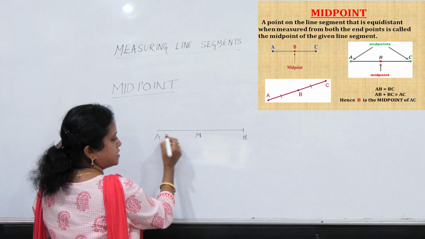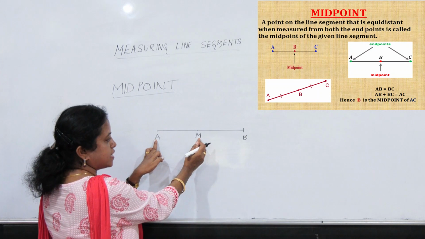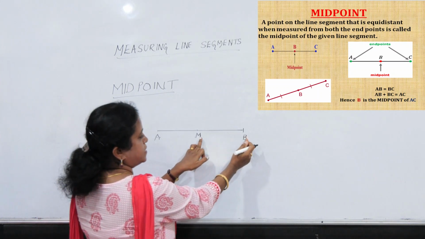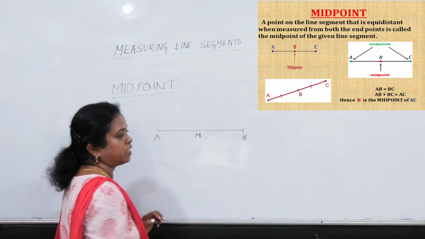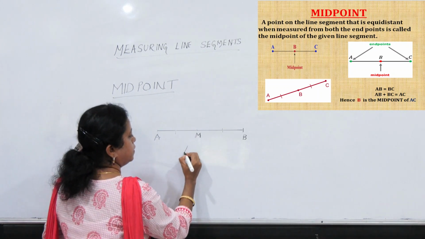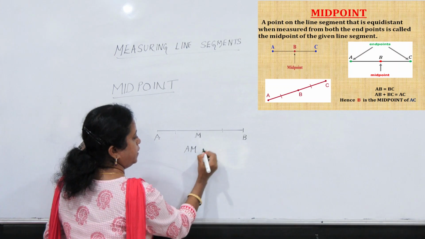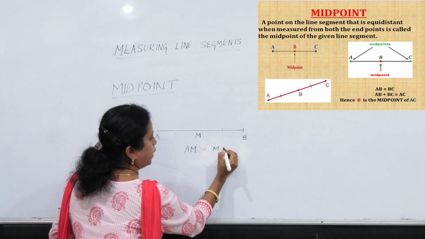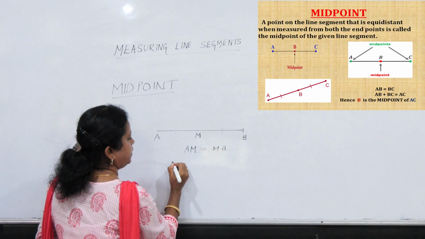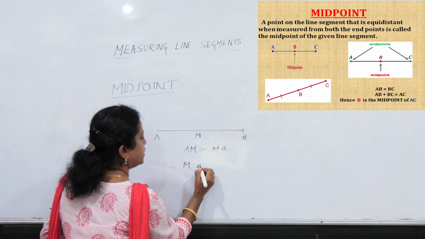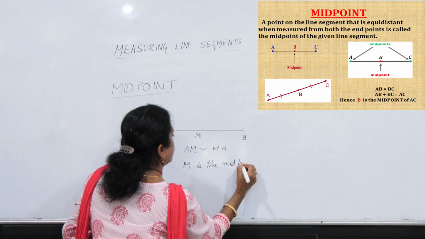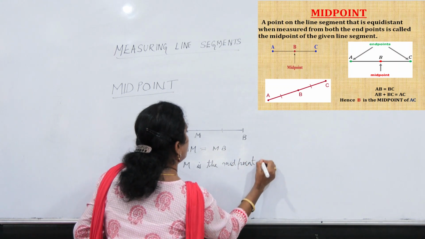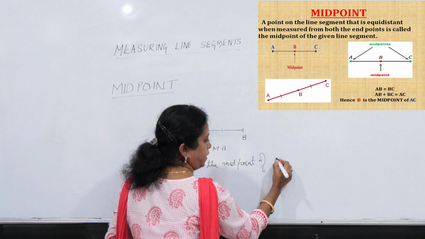That means this line segment I will name AM, and this line segment will be MB. AM should be exactly equal to MB. If AM is exactly equal to MB, we will say that M is the midpoint of the line segment AB.